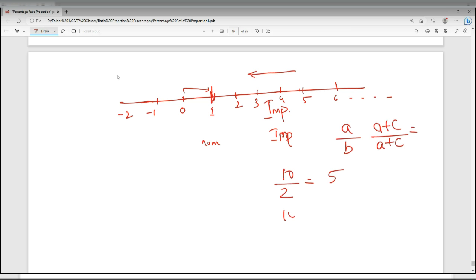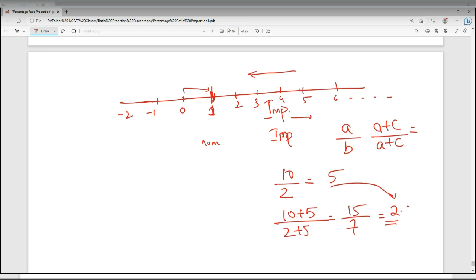Now, I'll add 10 plus 5 and 2 plus 5. This is 15 by 7. This is 2 point something. So clearly it has decreased and it is approaching 1. The same way, if you add more numbers, it will come towards 1. This point is 1. So if it's an improper fraction, the value will decrease and approach 1.